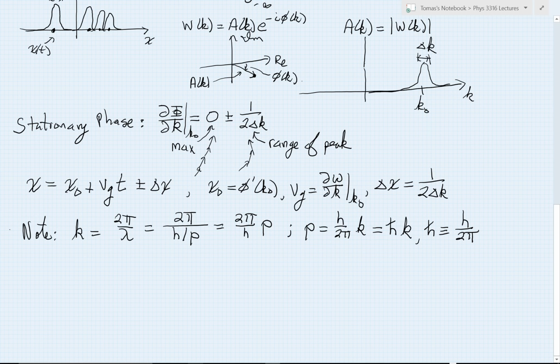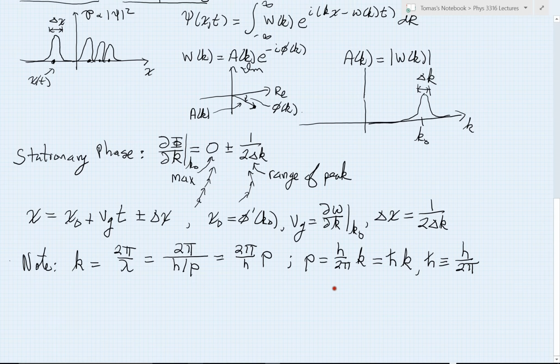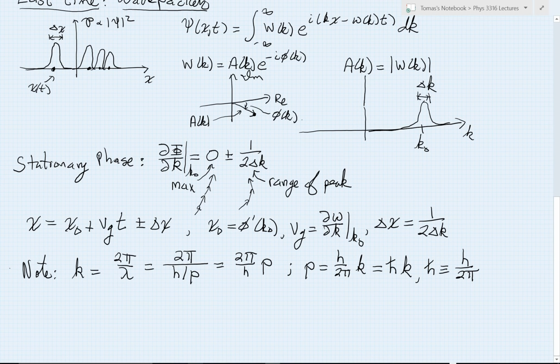Okay, now with that little aside out of the way, we want to begin to interpret what we mean by this delta k, right? This delta k, what it says is that the wave packet associated with my particle is built out of different wave vectors. They're concentrated about one particular wave vector, which is what we need, right?